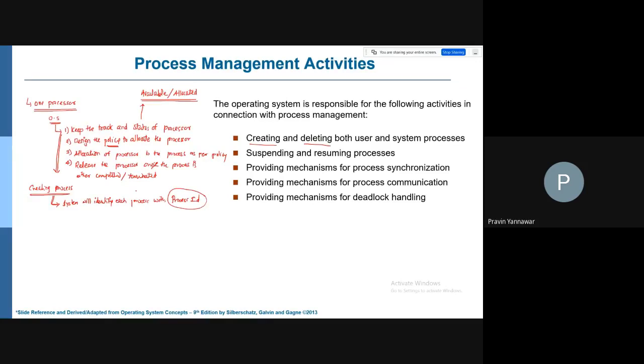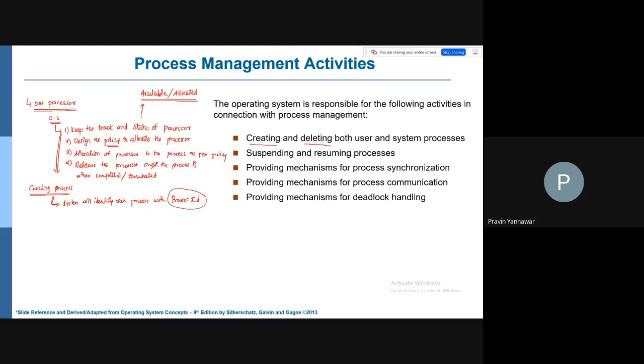It doesn't matter whether it is a user process or system process, meaning either a user level process or kernel level process. Every process is being created and deleted. At the same time, a process may get suspended or may resume. Resume means, say if you are expecting some resources to be used and those resources are not available for that particular instance of time, then you will go into wait state.